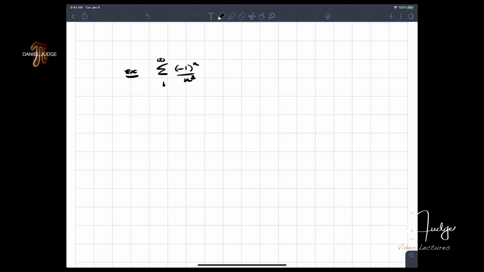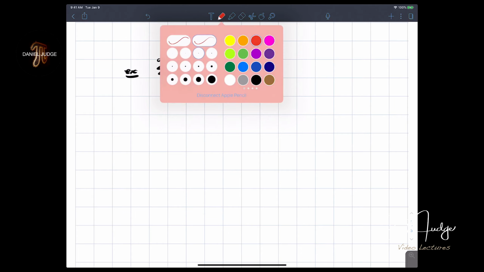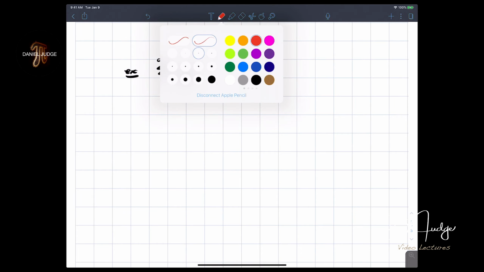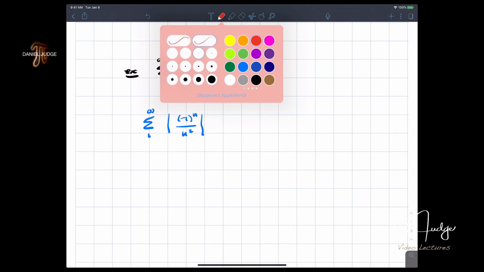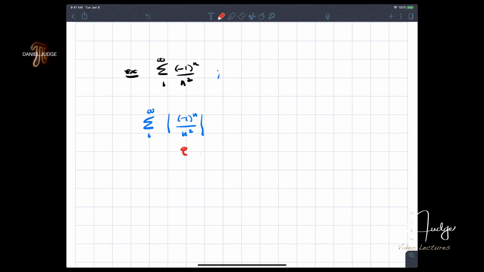So let's kind of look at these situations here, and we're going to show an example of this. We're going to say, okay, here's our original series. But what we're going to consider is what happens to this series absolutely. And for this portion here, for today, your focus is going to be on the absolute value here.